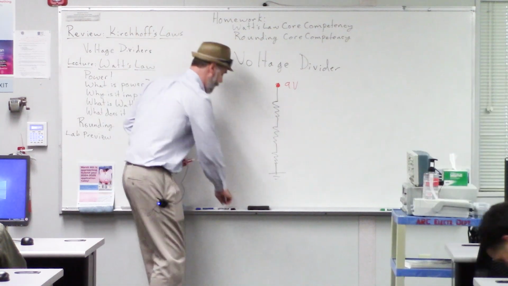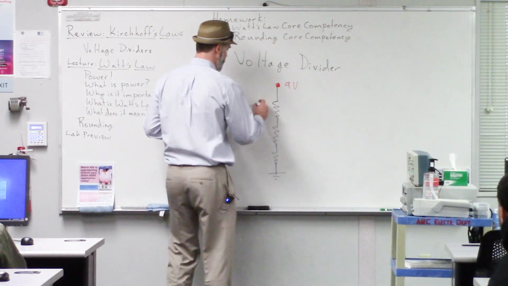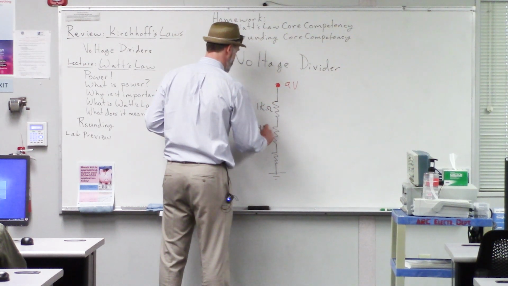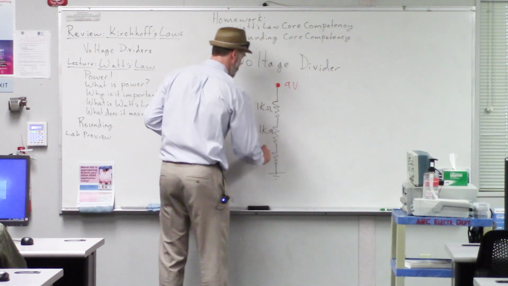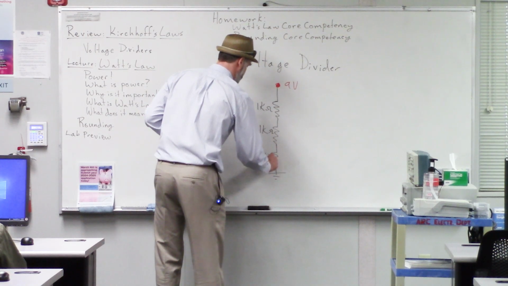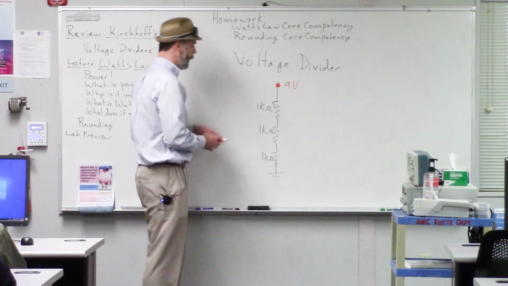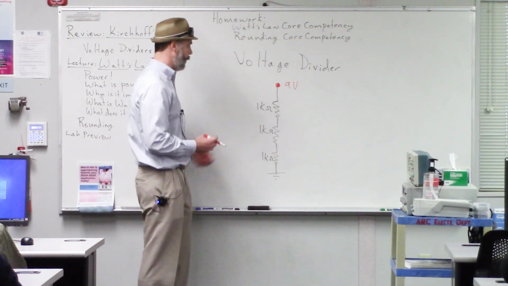And if all of these resistors were the same value, let's say that they were all 1 kilo ohm, and 1 kilo ohm, then they would all get an equal share of that voltage.